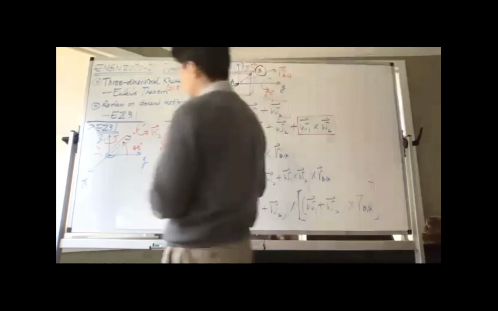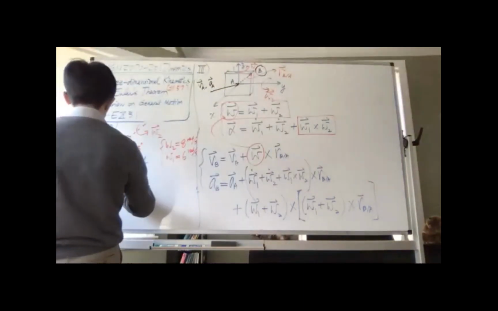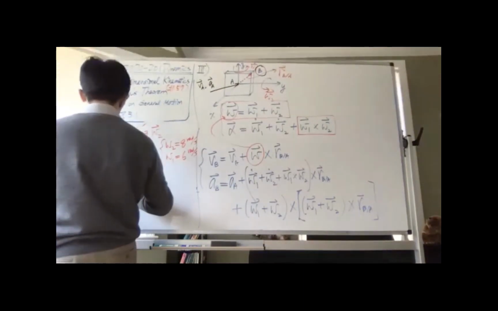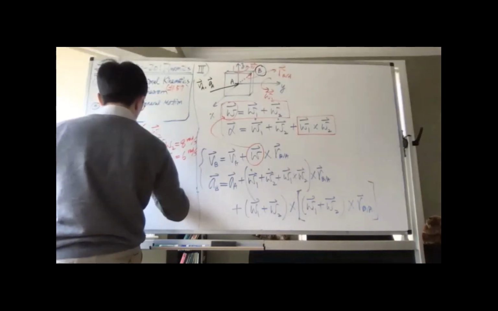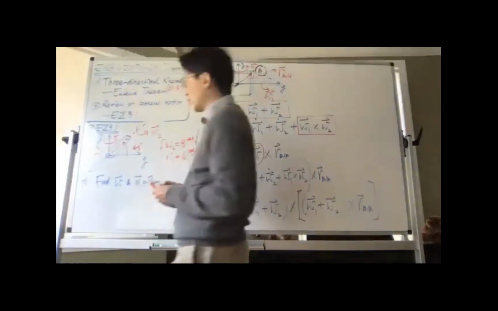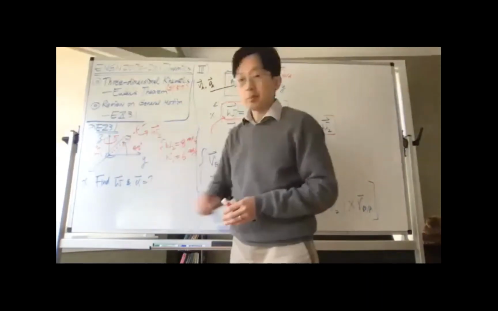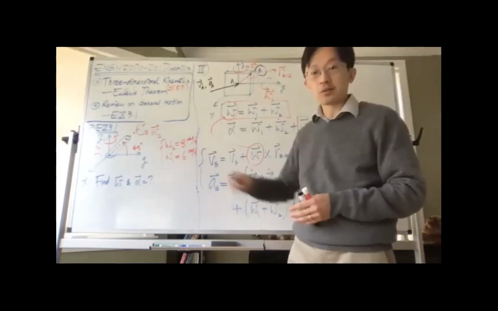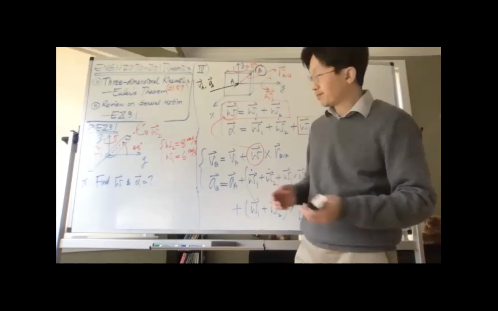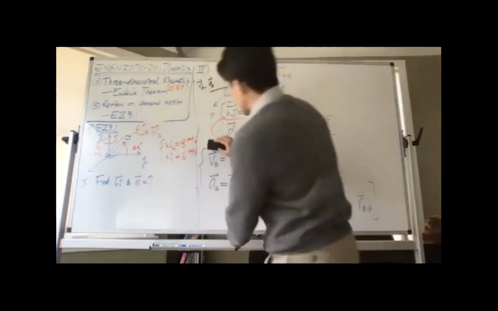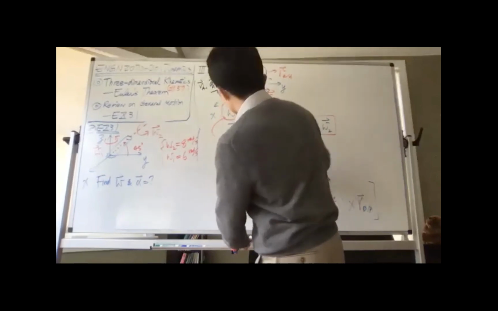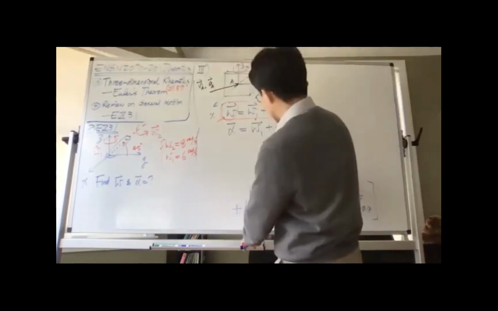Now, the objective for this example is to find the total angular velocity and the total angular acceleration of this bar in this kind of motion. So how do we find it? Well, we will determine this by using this relationship.